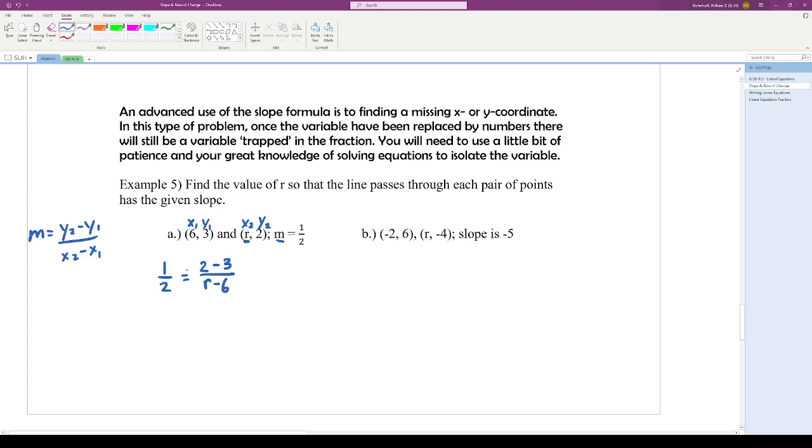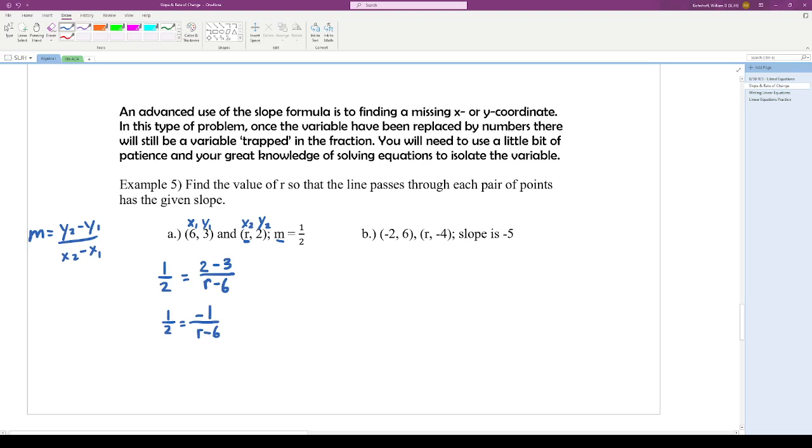So now we need to solve this equation in order to find r. We'll simplify and collect our like terms up here first. So our first step will just be to rewrite this equation with these 2 and negative 3 collected. So I'm going to rewrite that as 1/2 equals -1 over r minus 6.